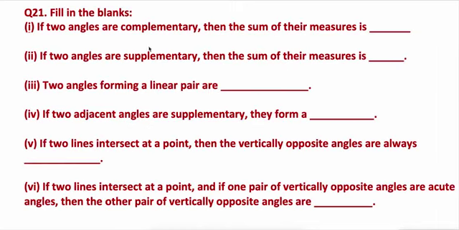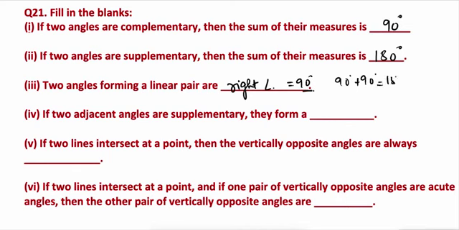In the blanks. If two angles are supplementary, then the sum of their measure is equal to, for complementary the sum of measures is 90 degrees. If two angles are supplementary, the sum of their measure is 180 degrees. The two angles forming a linear pair are right angles, that is 90 degrees, because 90 degrees plus 90 degrees will be equal to 180 degrees.